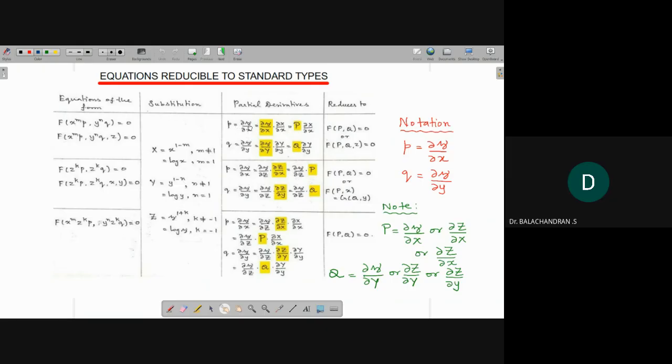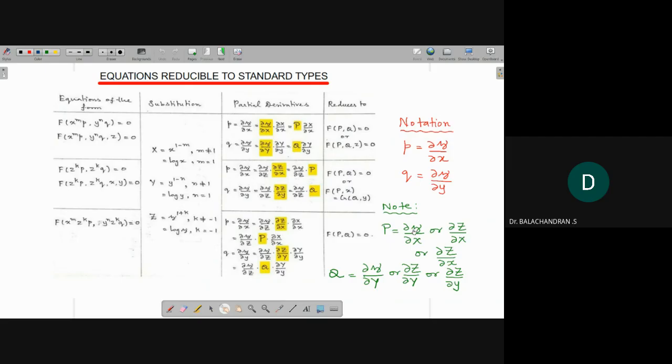Here I am dividing by x, capital X, and multiplying by capital X. Then this I'll take as capital P. You can see here capital P is either dou small z by dou capital X, or dou capital Z by dou capital X, or dou capital Z by dou small x, any one.